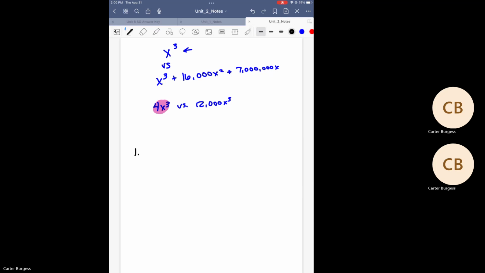The first rule deals with what happens for large values of x that are positive. So we might describe this as what happens as x approaches positive infinity. So thinking plugging in like 10 to the 20, plugging in 10 to the 100, plugging in 10 billion. Larger values of x.